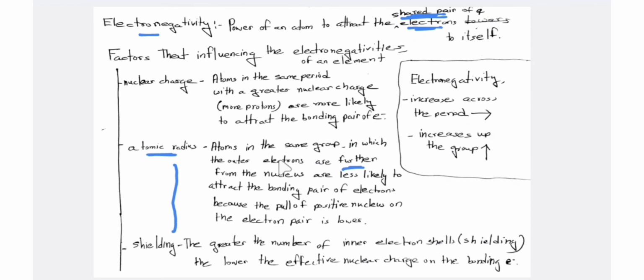That's why, as atomic radius increases, there is less attraction on the bonding pair of electrons. Less attraction means it is less electronegative, because electronegativity is the power of an atom to attract the shared pair of electrons towards itself.